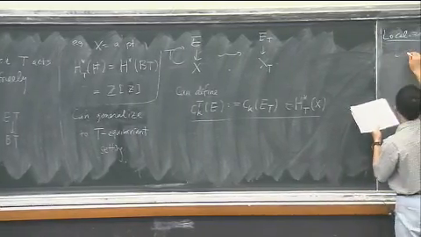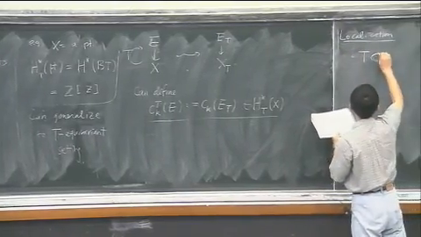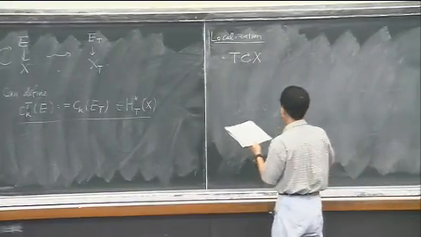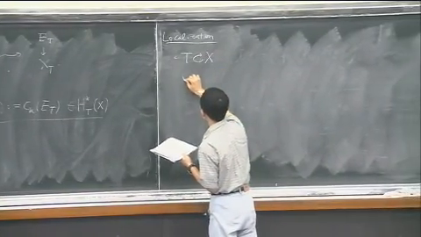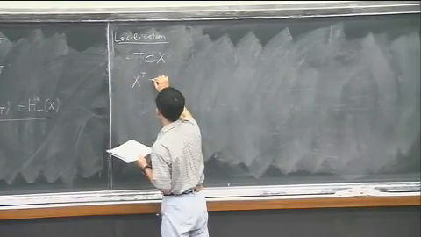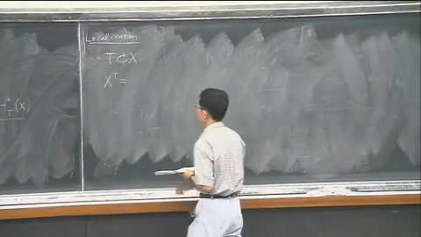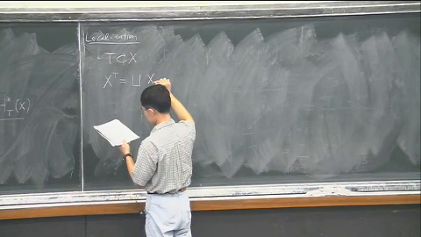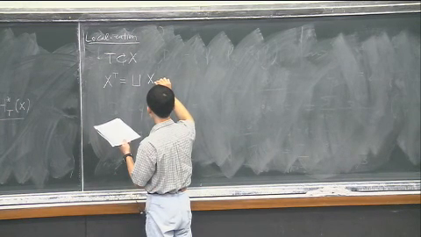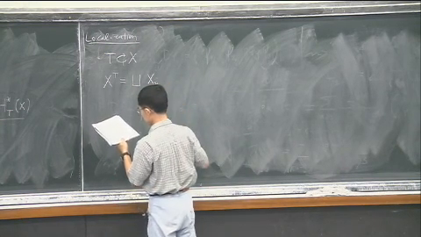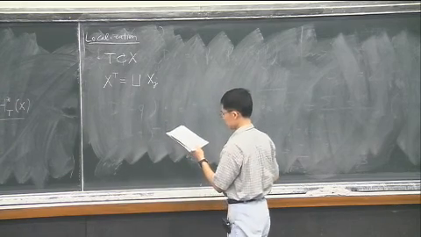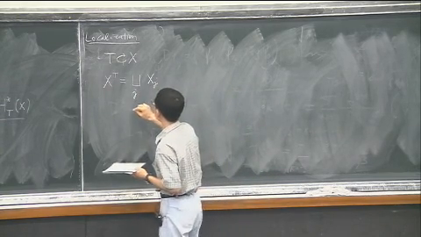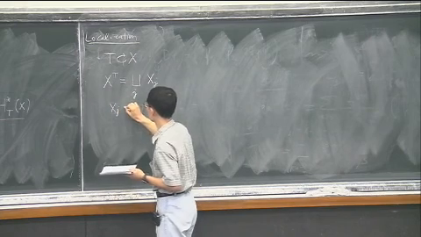Again, our setup is T acts on X, and now the fixed locus can be written as a disjoint union of Xj, Xi or Xj. That's probably notation I need to change. Anyway, Xj, all smooth.